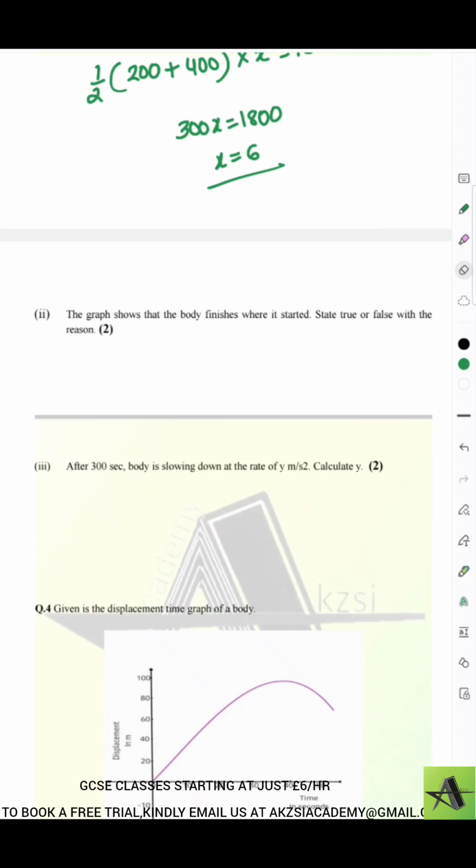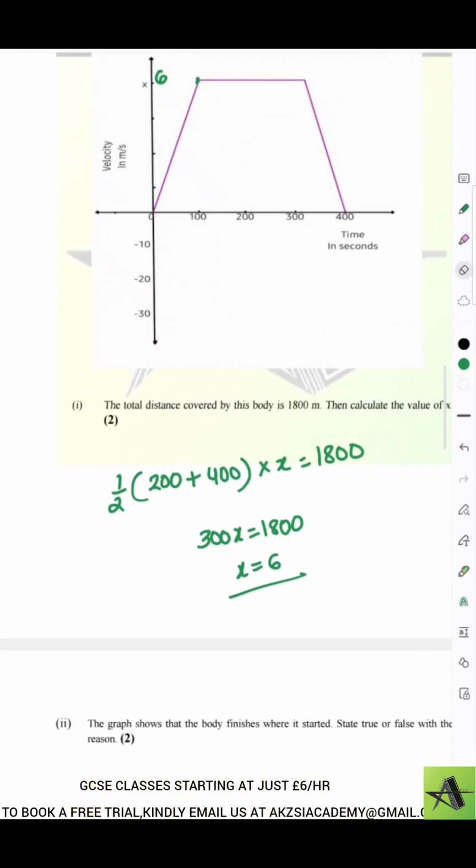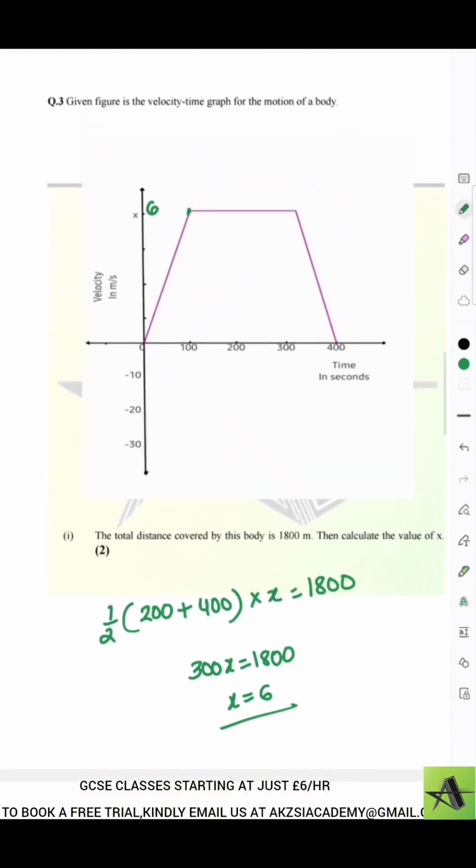Now for the last one, after 300 seconds, the body is slowing down at the rate of y meters per second squared. Calculate y. After 300 seconds, which is here, it starts to decelerate. So this point we have just calculated is 300, 6, and this one is 400, 0, and acceleration is gradient.